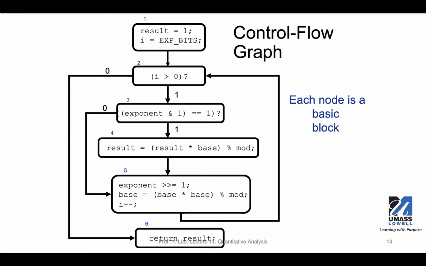We define a basic block as a sequence of instructions. They are going to be executed all together without exception, and they only have one entry point and one exit point.